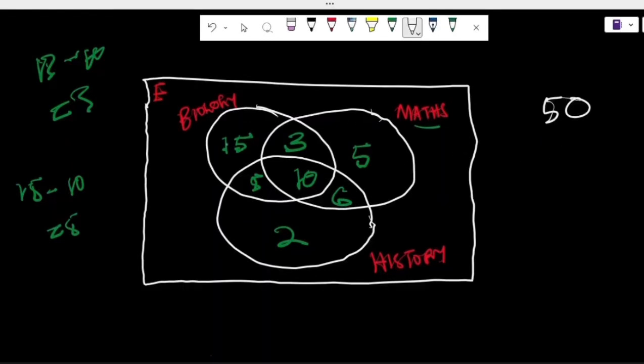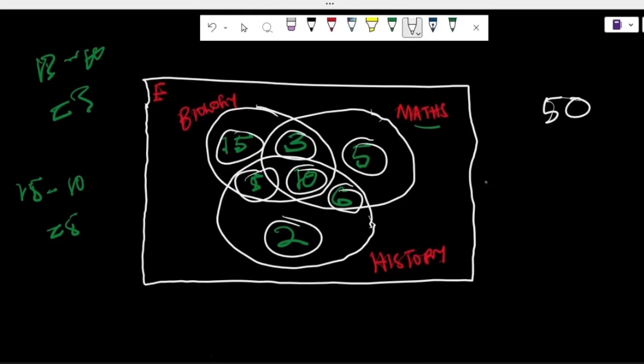But when you look at the numbers, 15 plus 3 plus 5 plus 10 plus 6 plus 5 plus 2 is actually giving us, according to the calculator, 46. So this means that we still need 4 more students to get to 50.